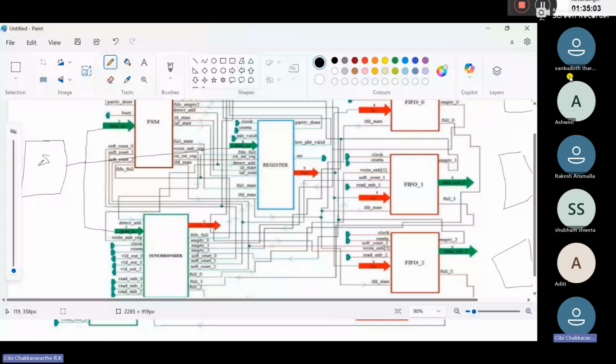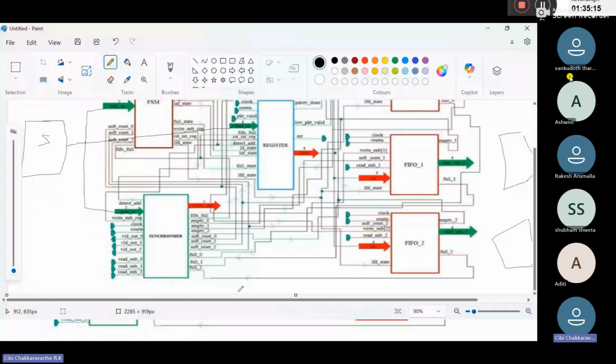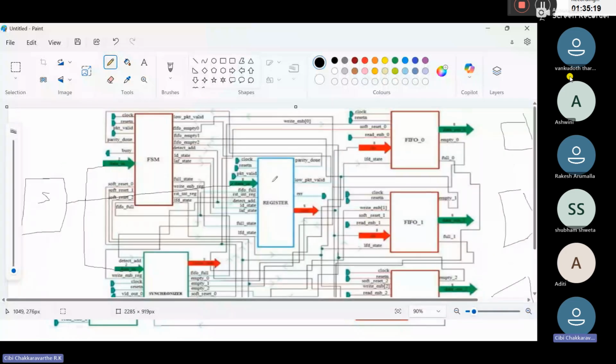Now let's consider our register. There is a packet valid. If the packet valid is on, what is it going to do? It is going to pass the address first. So where are we getting our address? Packet valid goes to everything; in this FSM also there is packet valid.